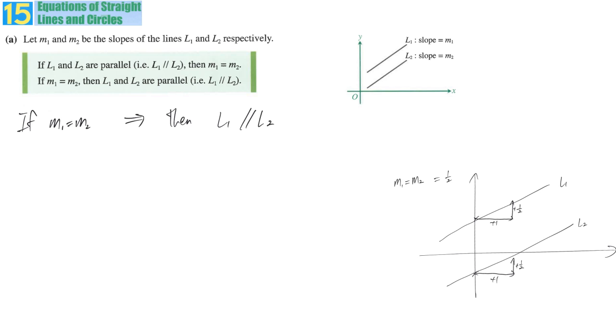And also, if we don't know the slopes, but we are told that L1 is parallel to L2, then you can conclude that the slope of the first line equals the slope of the second line. This is the first property that you need to memorize.